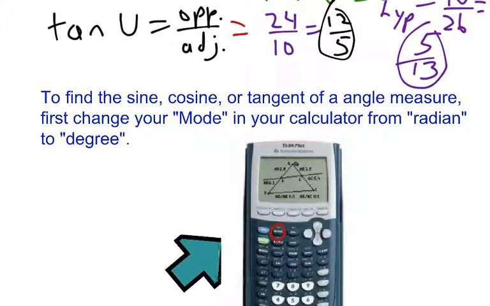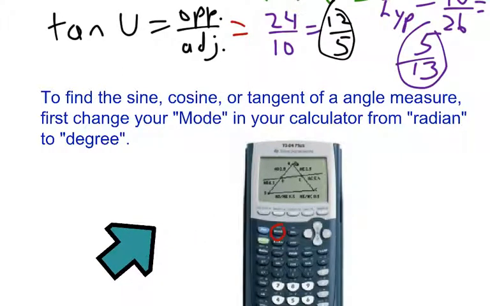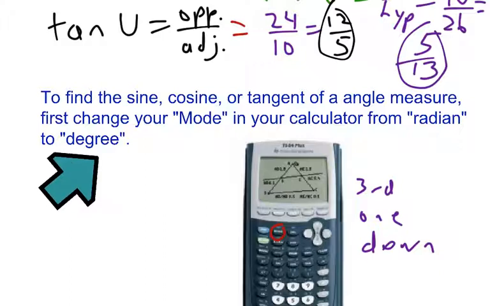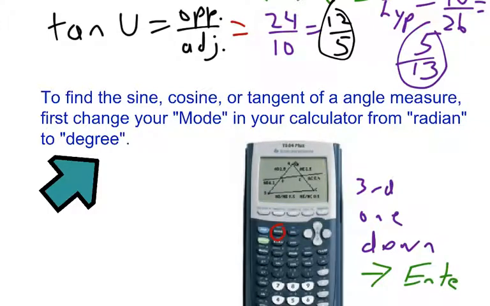So you'll just press that mode button there, and the third one down. Third one down is going to give you a setting saying radian and degree. So you just press the right arrow and then enter onto degree. And degree will be bolded in whenever you select it.